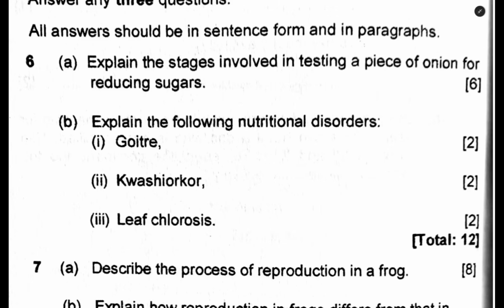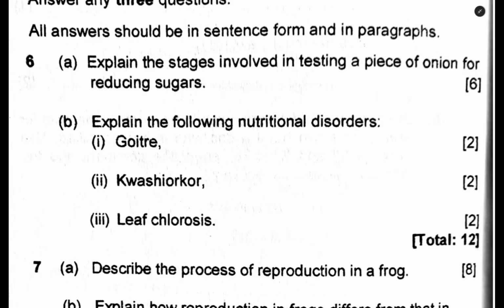So before it's too late, before the exam, look at some of the information that is out there. What you are required to do here is talk about the preparation of the sample, then the reducing sugar test. You know that the reagent needed is Benedict's solution, of which you put a certain amount, then you do the heating, then you observe the color change. That is what you need to do.